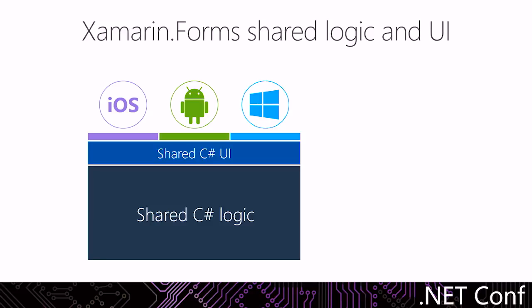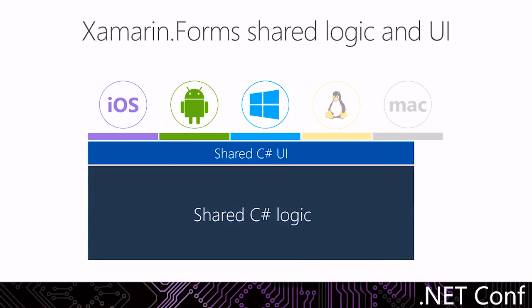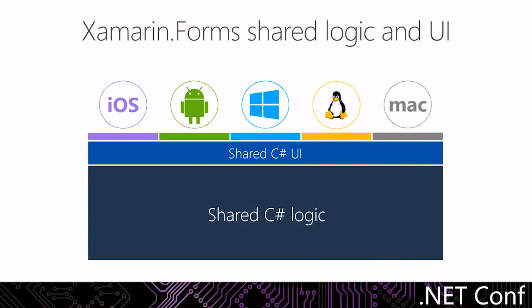And when I run that on iOS, I get a UI button for iOS, or when I run it on Android, an Android button, or a Windows button when I run on Windows. That abstraction is now being extended to our Linux and Mac environments.